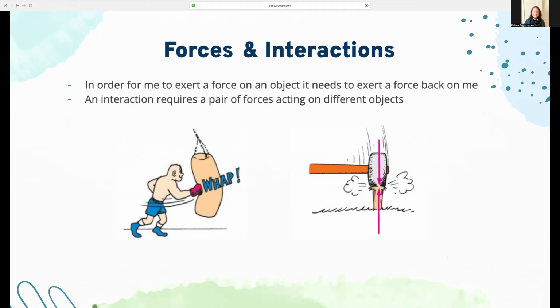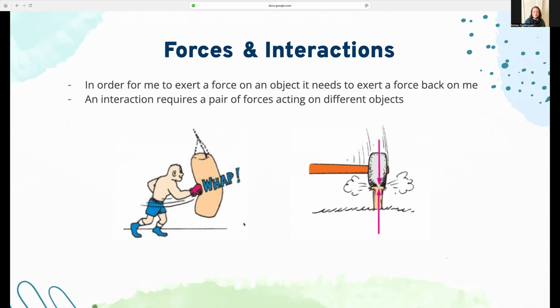And then we have this hammer hitting a nail, or stake, I guess. The force from the hammer pushes the stake into the ground, but the force from the stake brings the hammer to a rest. So these examples show how in these interactions, on one side, we have an object distorting the punching bag or pushing the stake into the ground. And on the other side, the response force brings those two objects, the fist and the hammer, to a stop.